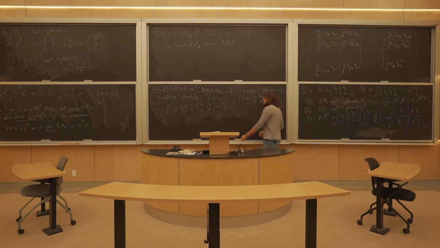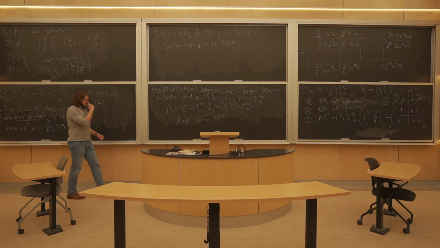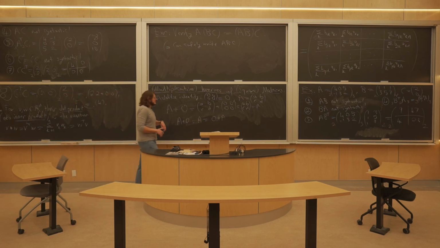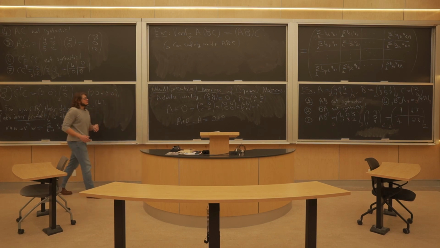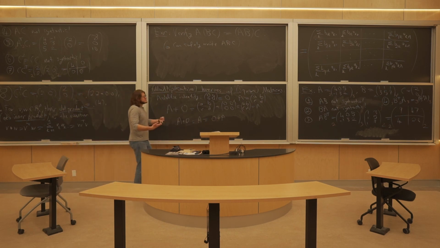Well, this sum is just going to give me back A. That is to say, A plus 0, 0 the matrix, equals A. And likewise, 0 plus A is again A. So just like the number 0, adding the matrix 0 to a matrix gives back the same thing. So that's why I might call this the additive identity. And then I can say, oh, if I have an identity with respect to an operation, then I have also, possibly, an inverse with respect to that operation. And of course, for the purposes of addition, this is just minus A. If I add minus A to A, I'm going to get 0.